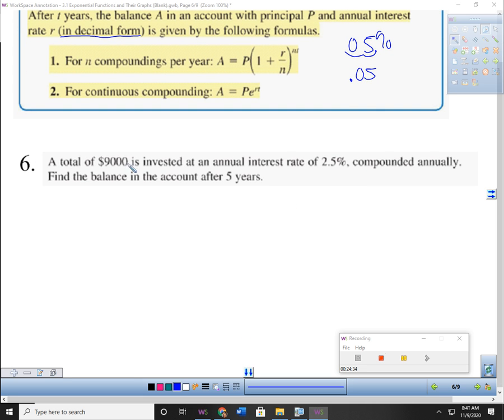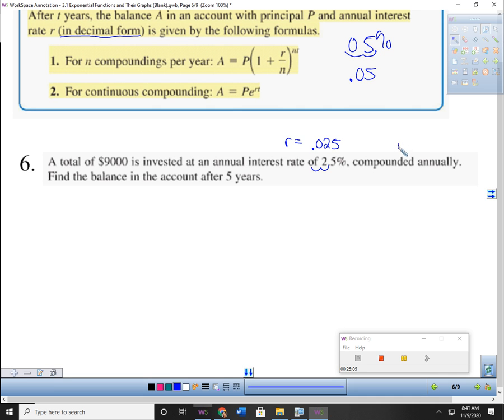So we have a total of $9,000 that's invested at an annual interest rate of 2.5%. So I'm going to go ahead and change that to a decimal by moving the decimal place 2 points to the right, which means I have 0.025 is what I'm going to plug into my formula. And that represents my rate, right? Compounded annually. If I said I'm going to compound something annually, that just means one time, right?